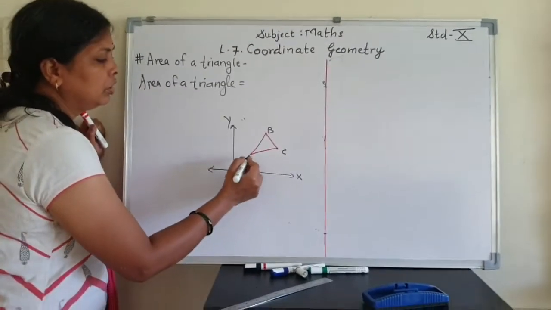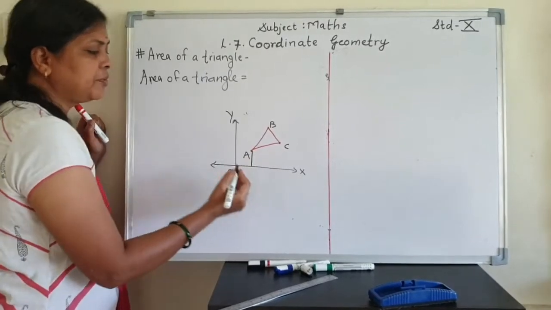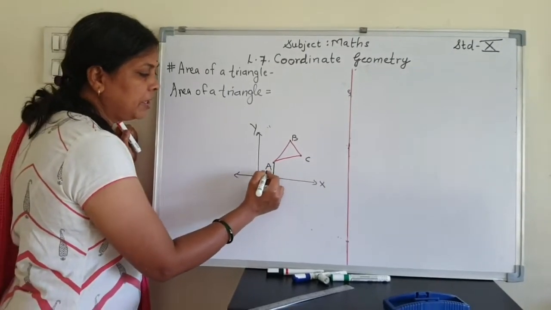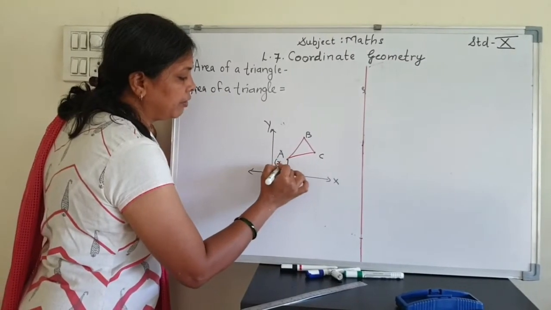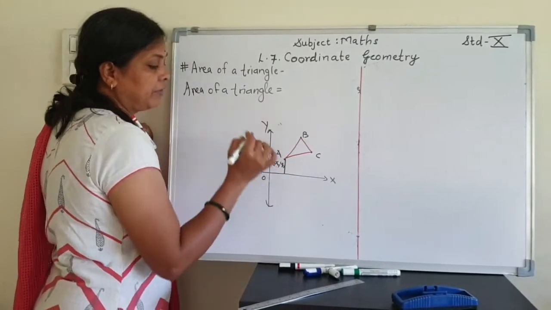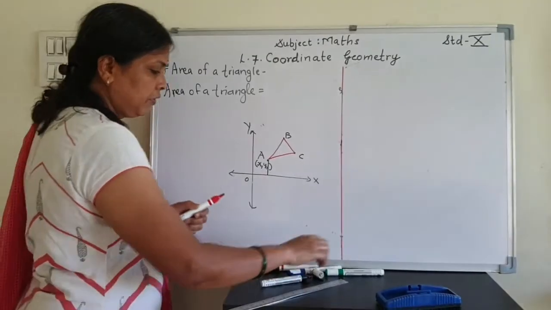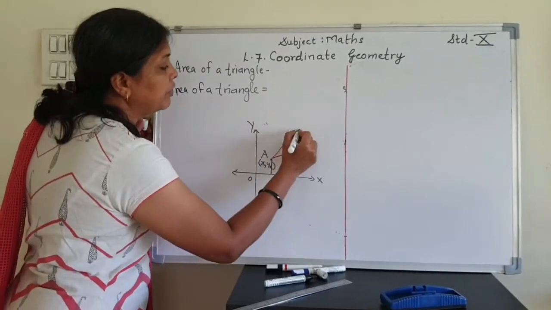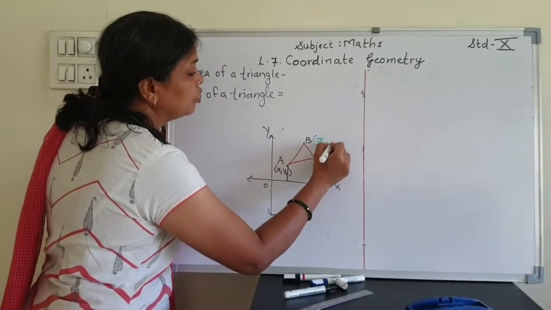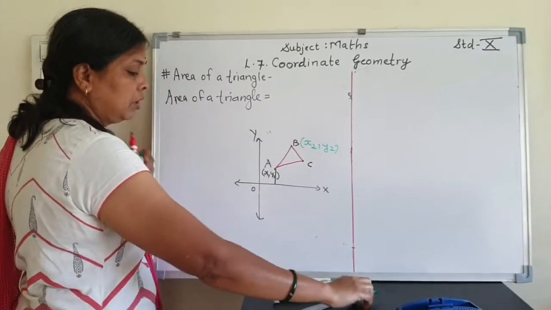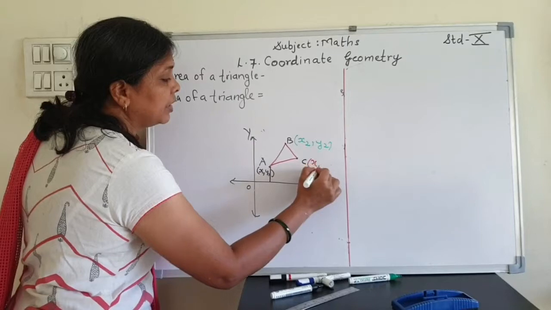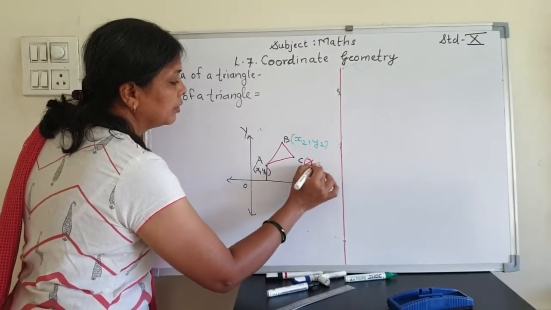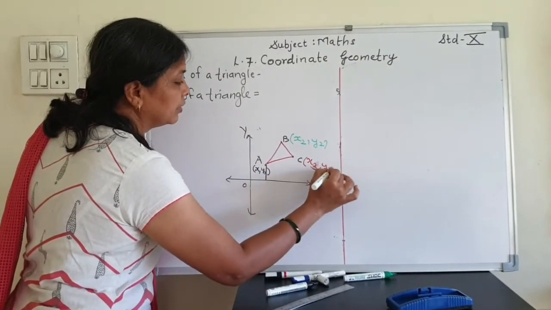So as you know, if you join this point, this will be A. We will take this as a point with coordinates x1, y1. Then we will take the coordinates of B as x2, y2, and the coordinates of C as x3, y3.